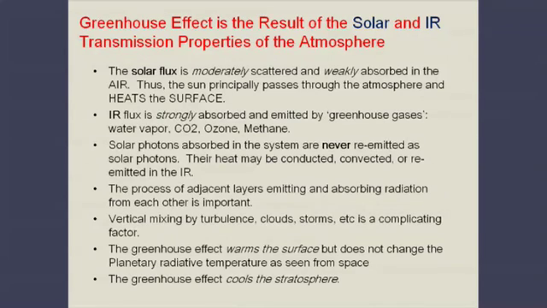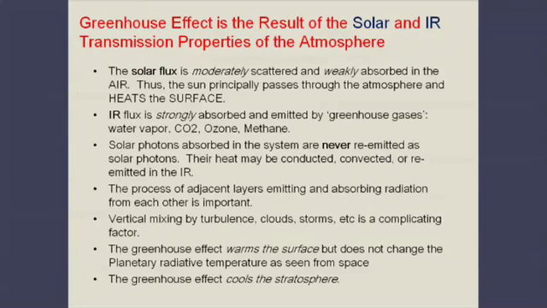If the Earth heated up to 6,000 degrees, then the Earth would look like the sun. So a key issue is the process in the atmosphere of adjacent layers of air that absorb and re-emit radiation. They talk back with each other. Another issue is all the mixing by clouds and turbulence and storms, which complicates things.